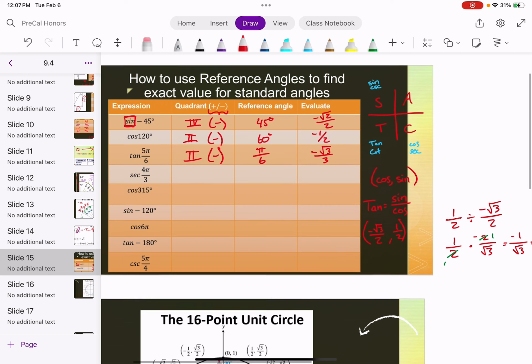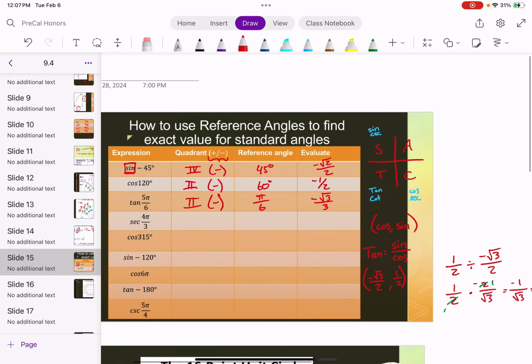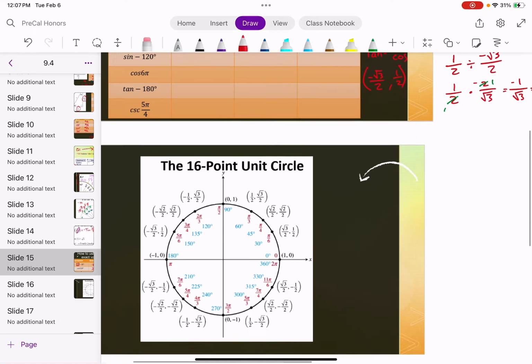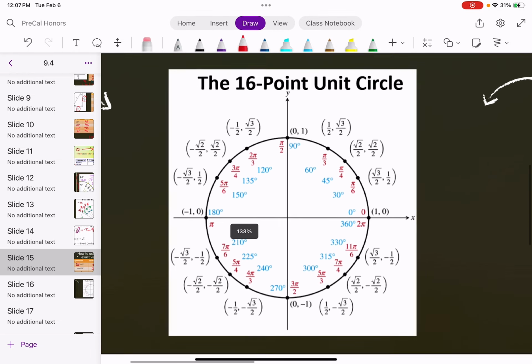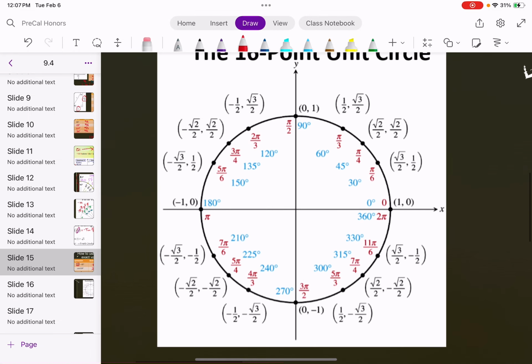Now, I cannot stress it enough, you will need to know your unit circle. Highly suggest you become very familiar with it and be able to place everything that needs to be placed in the correct areas. That would be in accordance to your degrees, your radians, and your points.